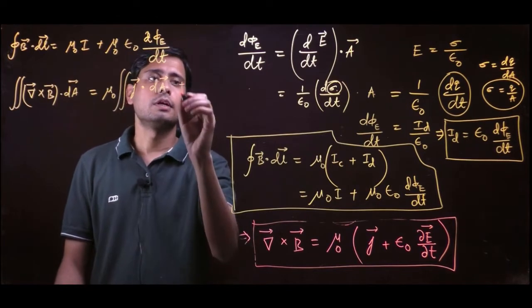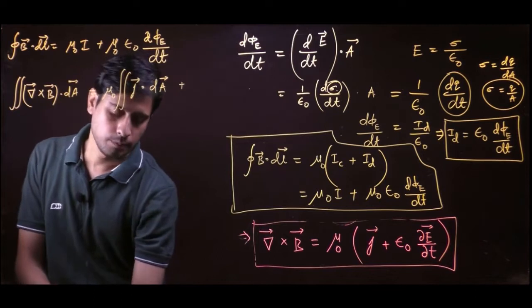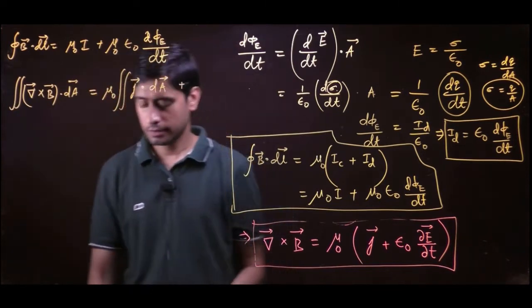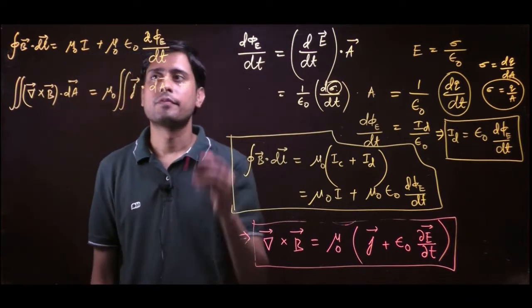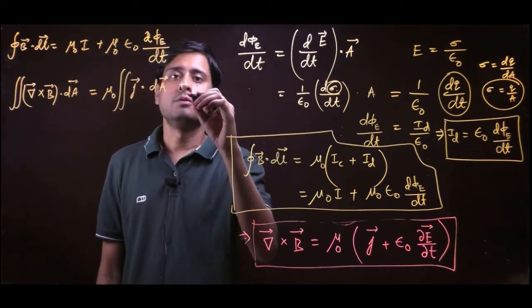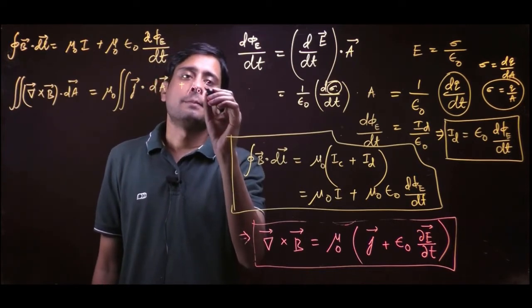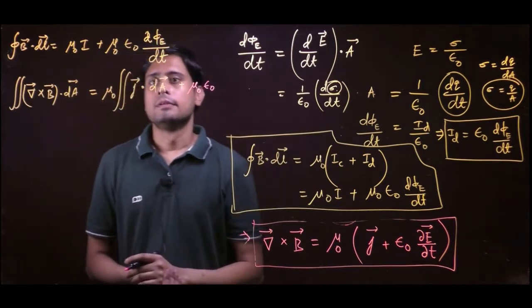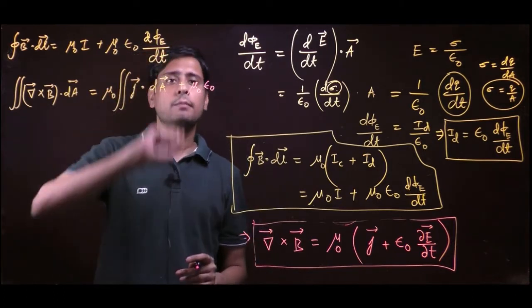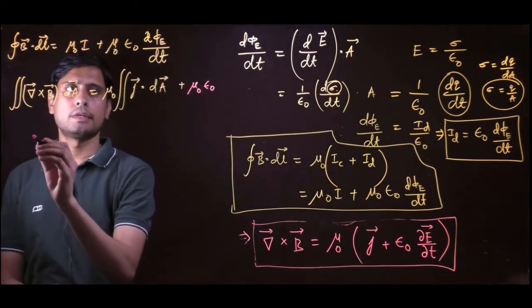Now the third term, which is mu naught times epsilon naught, is a different term. This d phi by dt we are calculating separately.